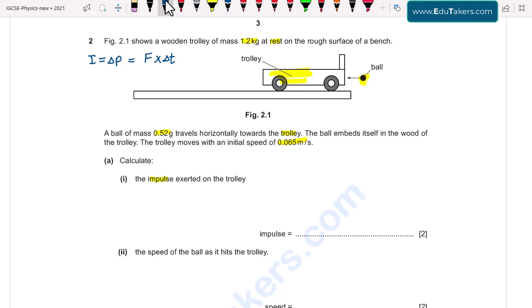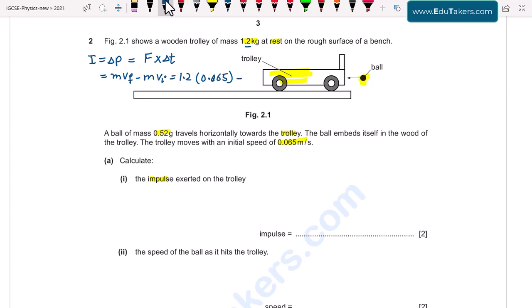So I use that impulse is equal to change in momentum of the trolley, and momentum is the product of mass and velocity. So I write here m v f minus m v i, where v f is the final velocity and v i is the initial velocity. The mass of the trolley is given, that is 1.2 kilogram, and v f, the final velocity, is 0.065.